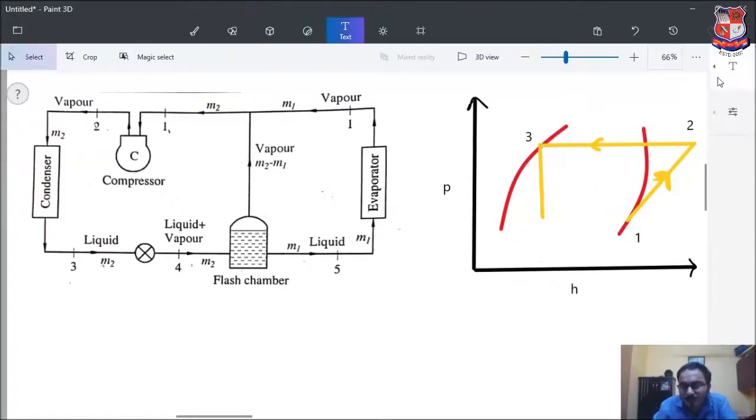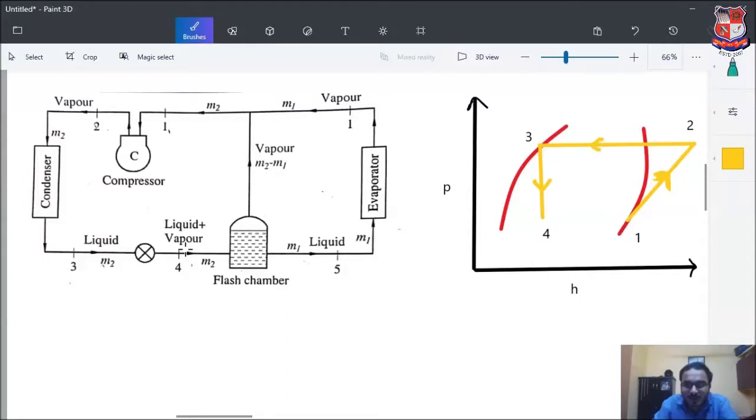So this will be our point number 4. Okay, and this is the direction.